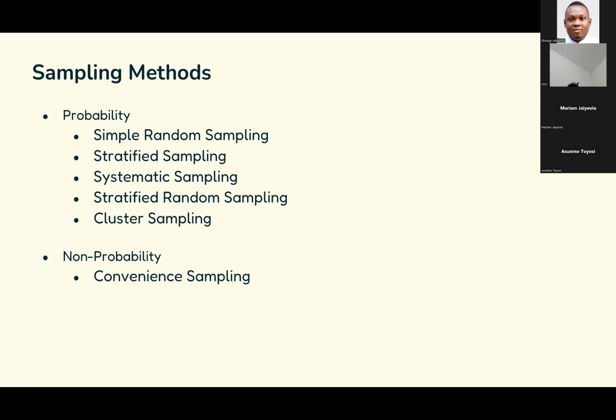For stratified sampling, it's like combining stratified and simple random sampling. Like I explained, I used the example of a state. If you want to do a stratified random sampling, after going to your state, you're not just going to pick anybody.